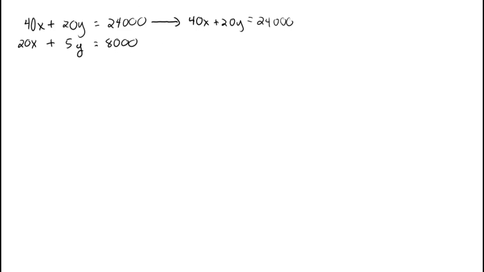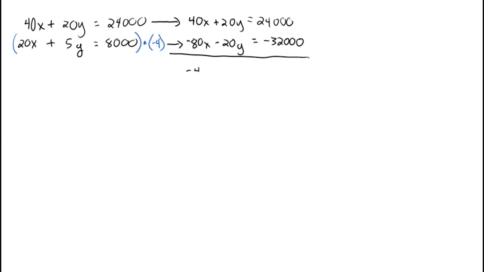And then this equation here, I'm going to take the entire thing times -4 and just bring the result over here. So I get a negative 80x minus 20y equal to negative 3200. Then I'm going to add those two together. This is going to eliminate the y term, so I have a negative 40x equal to negative 8,000.